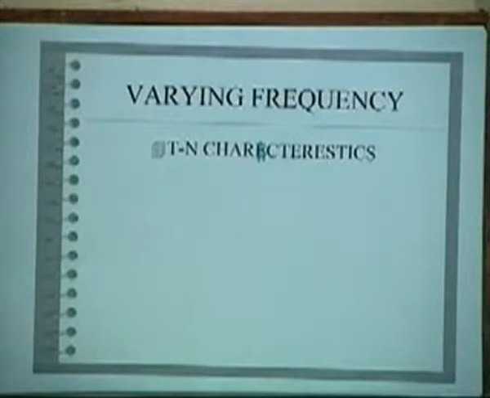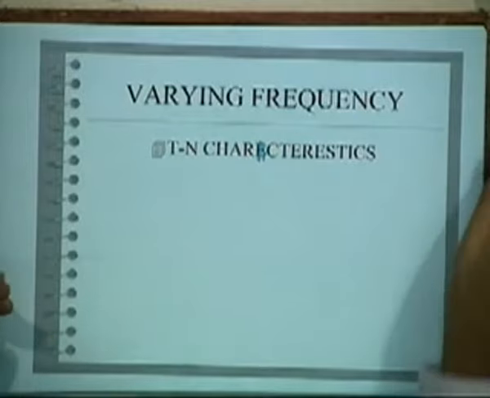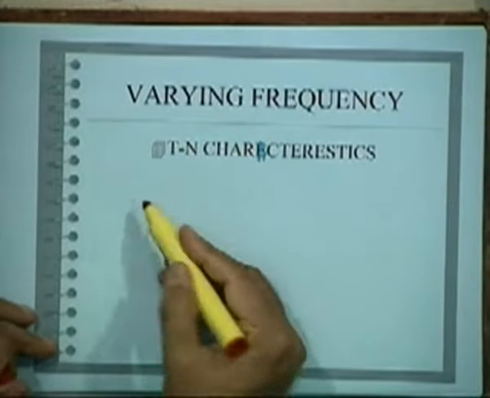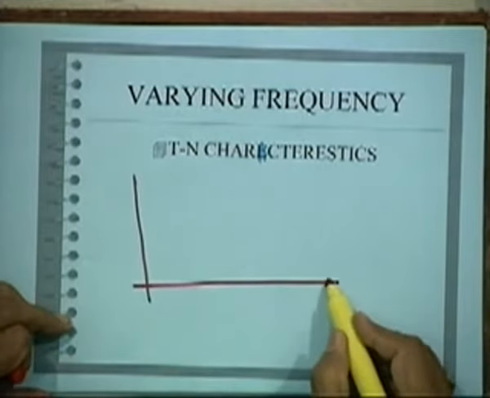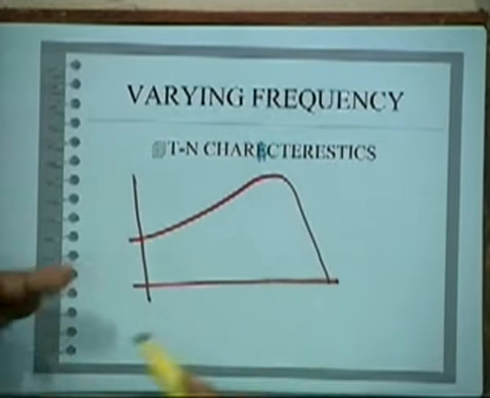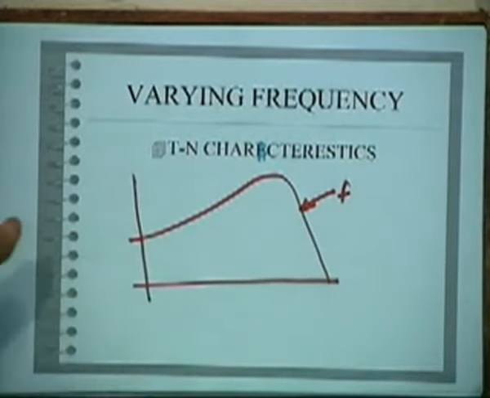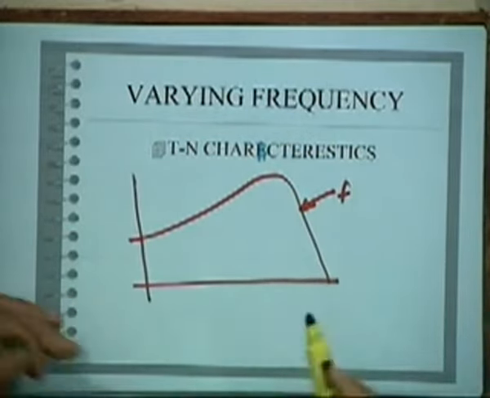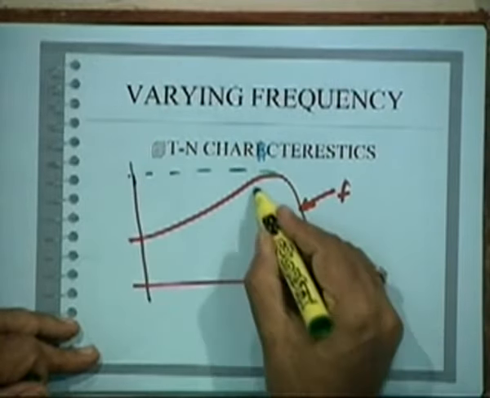Okay. Next we go to variation of frequency. Okay. Variation of frequency, we must know what is the torque speed characteristics. Now for different frequencies, this will be the nominal frequency f, and you can reduce the frequency, and with typically maximum torque.